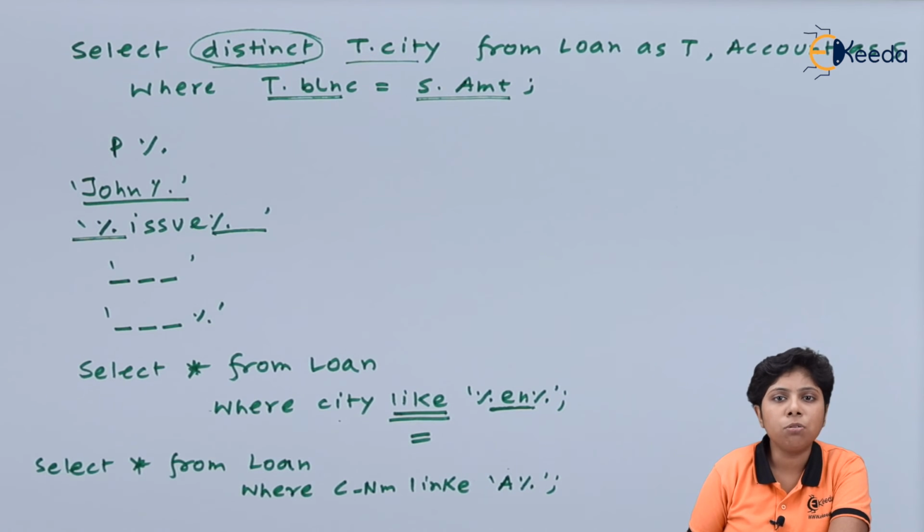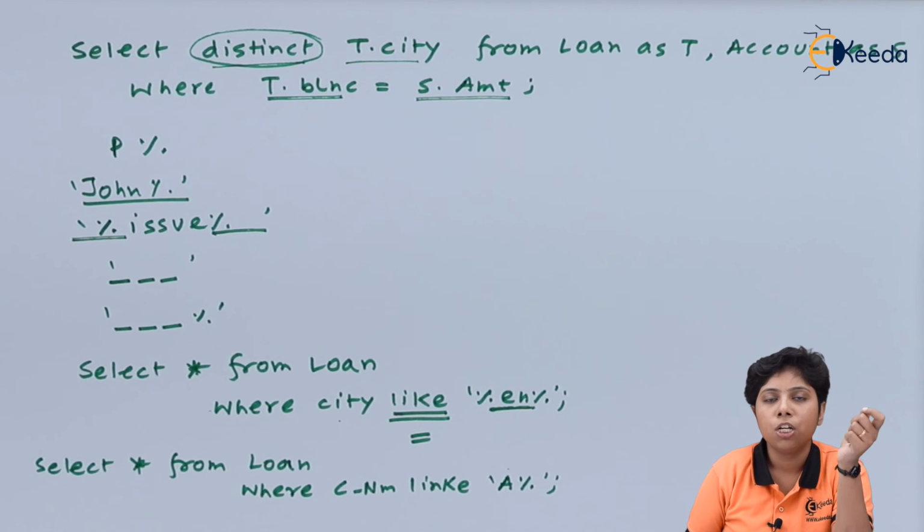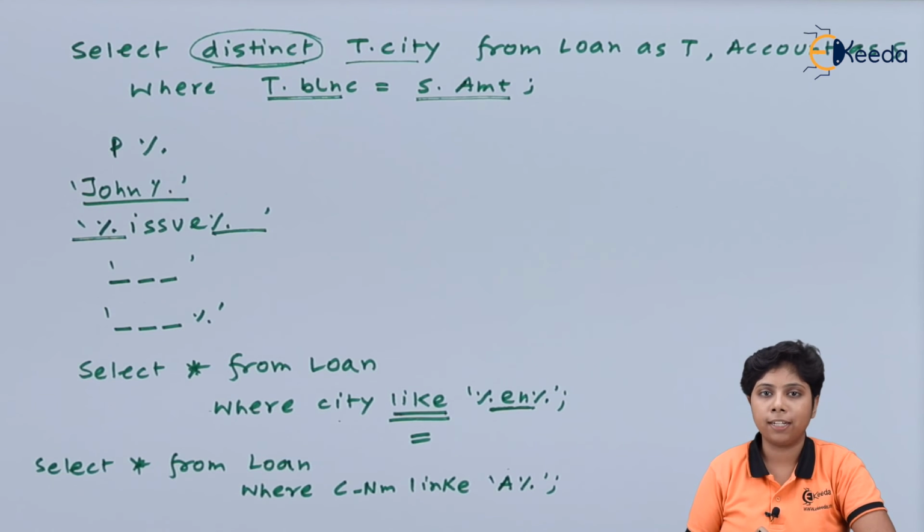Now, how to match a character if it itself is the percent sign? We need an escape sequence to denote characters which are percent and the escape sign itself. So the escape sequence is a backslash that we need to put before the character. Just look at that.